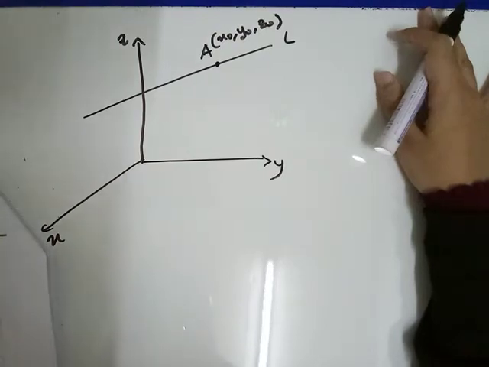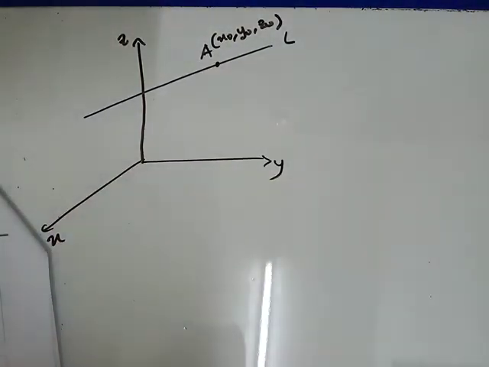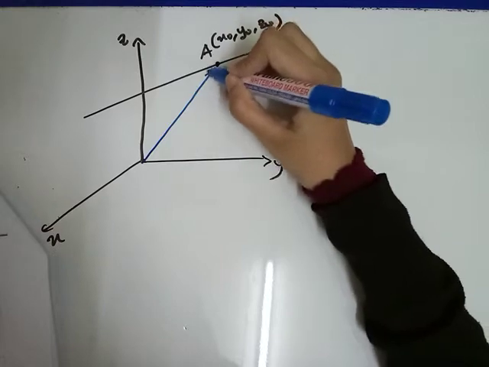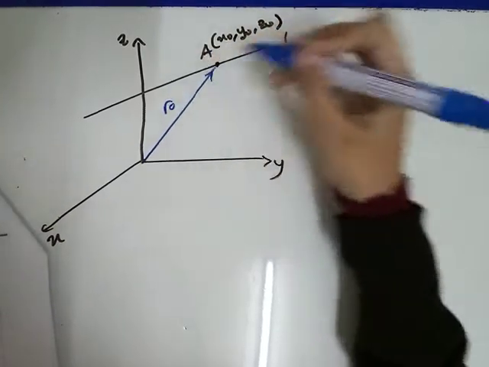And then we have a position vector of the point A, r naught.